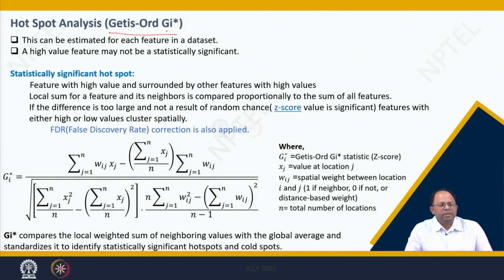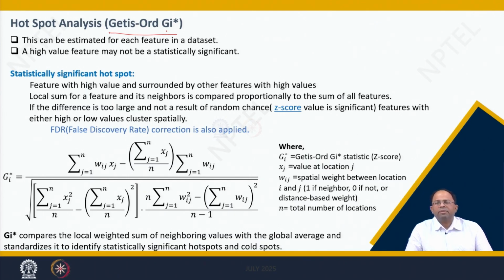So what we do is, we take the local sum for a feature and its neighbors, and it is compared proportionally to the sum of all the features. Feature means that particular attribute that we are talking about. If the difference is too large and not a result of random chance, we have to bring in the concept of z-score.